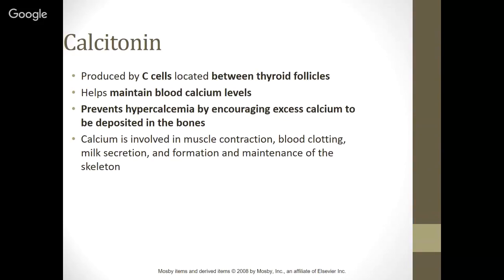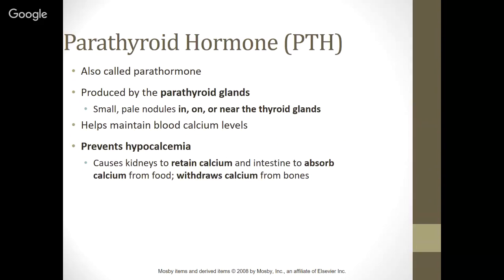So we do need to have several methods to maintain the concentration of calcium within the body and within the blood. Parathyroid hormone, from the parathyroid gland right near the thyroid, is also called parathormone. These glands are small, very pale nodules in, on, or near the thyroid glands, sometimes very difficult to find. They also help to maintain blood calcium levels.